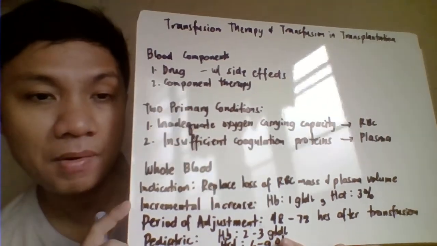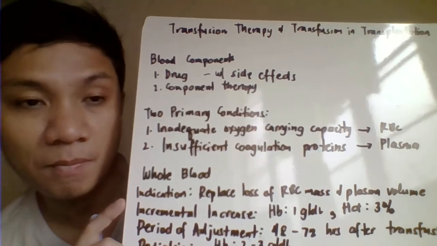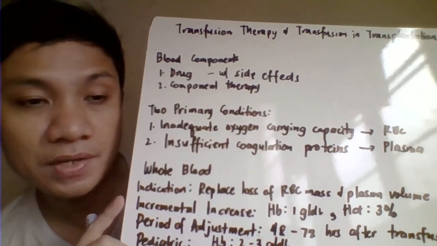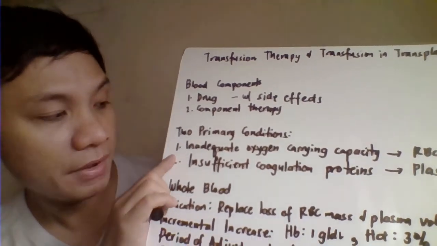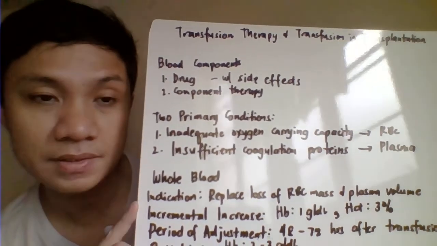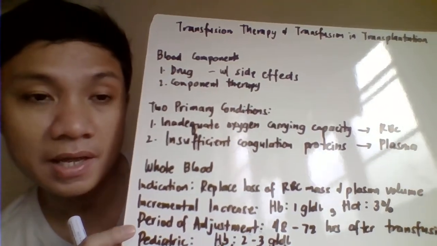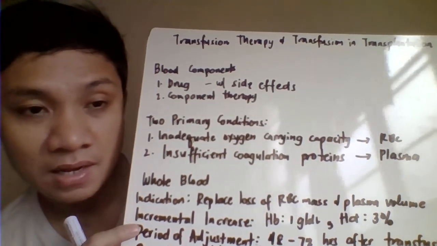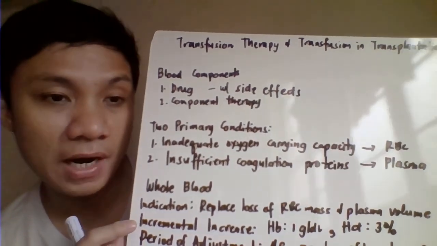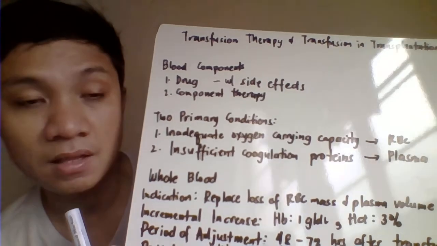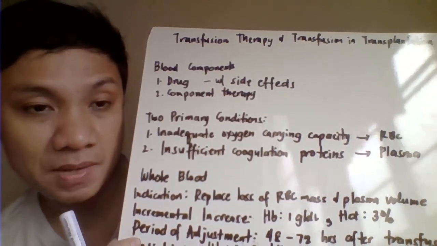Okay, we have two primary conditions why we do component therapy. The first one is inadequate oxygen carrying capacity. For that, we transfuse a unit of blood in the form of RBC, which could be whole blood or even PRBC.